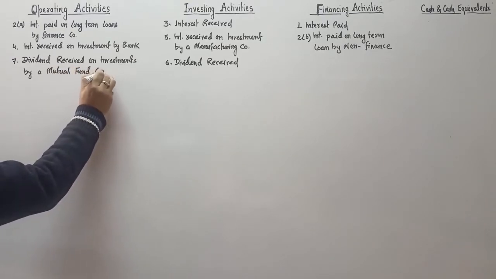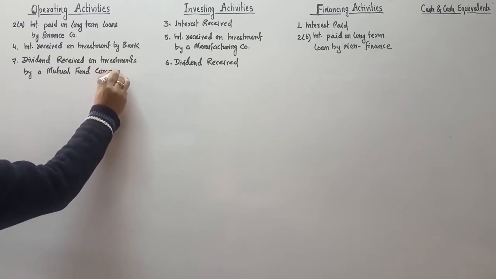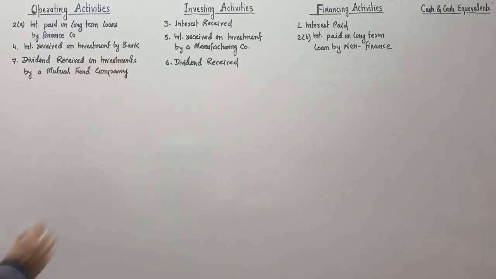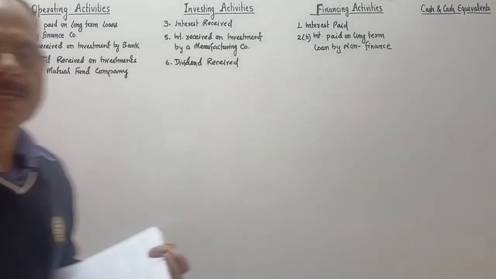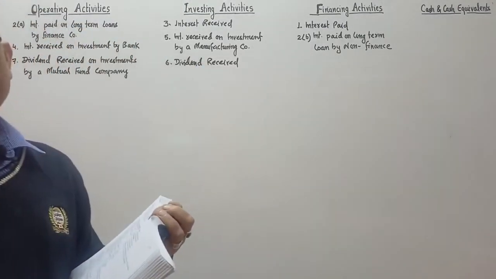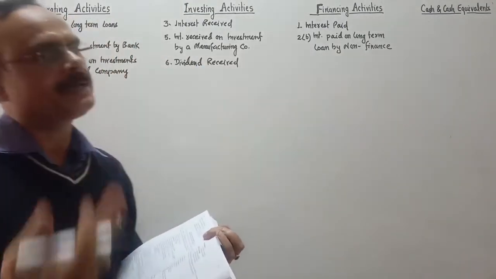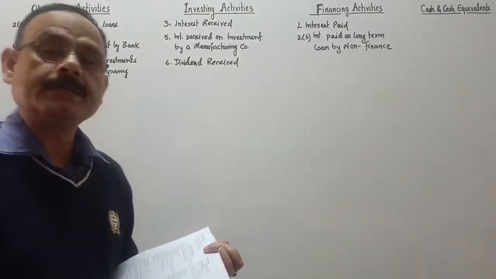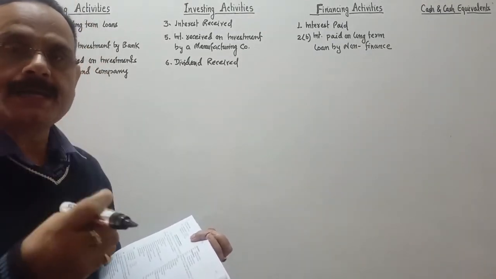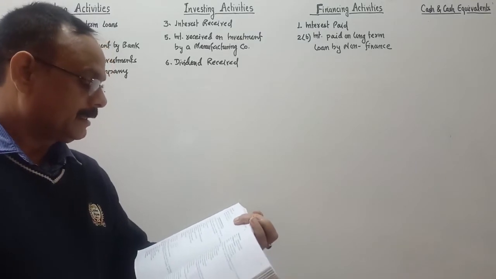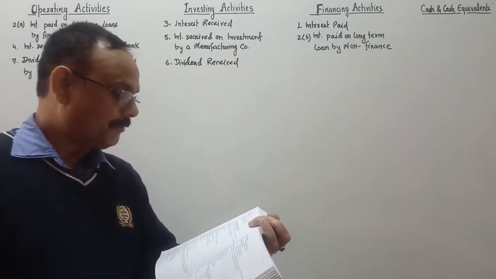It comes under operating, because it's a mutual fund company. For them it's an operating activity because it's the main revenue generating activity of the mutual fund company. Investment and sale of investment, and the interest and dividend related to that, will be under operating activities.